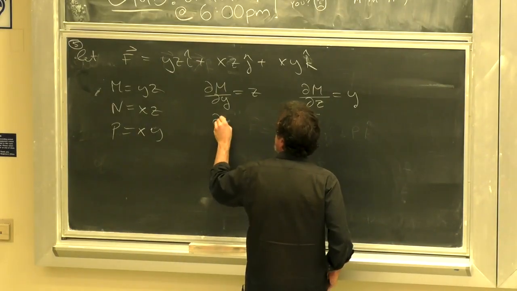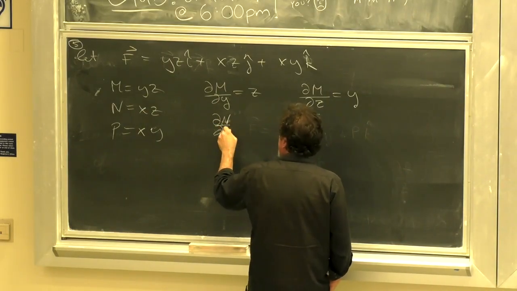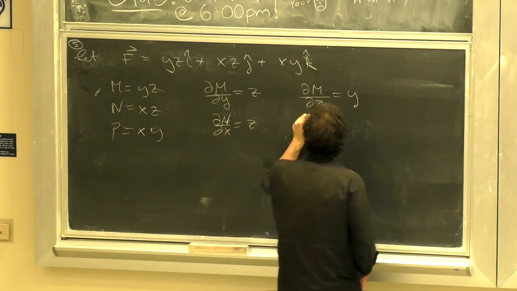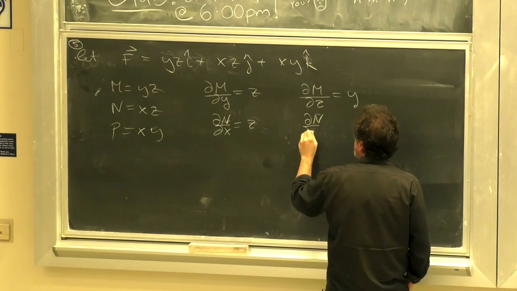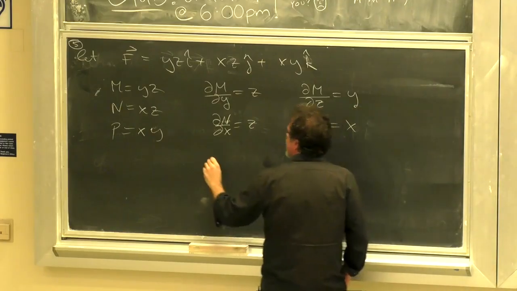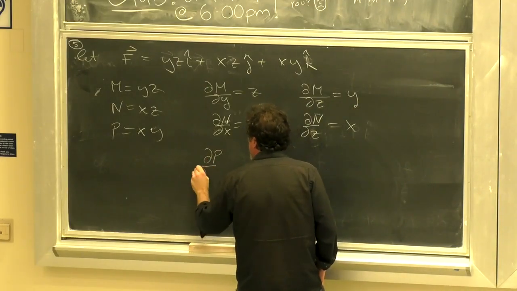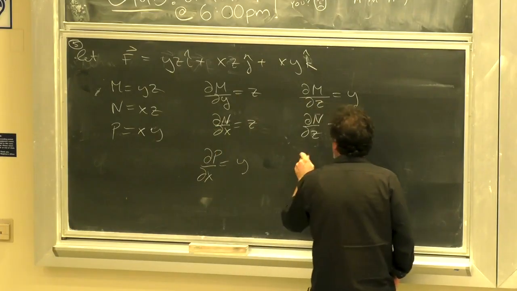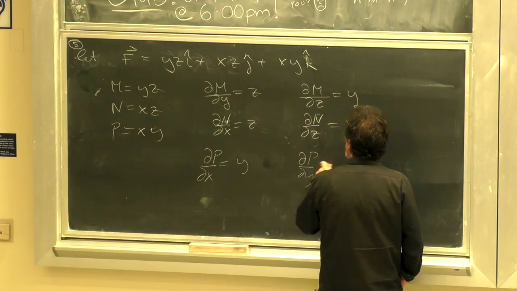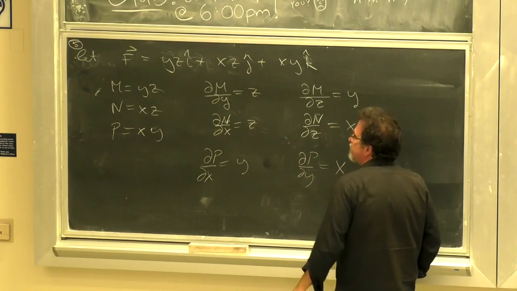Then you calculate dn/dx is equal to z, and dn/dz is equal to x, and then dp/dx is equal to y, and then dp/dy is equal to x.